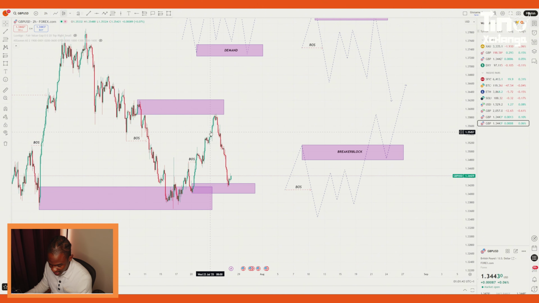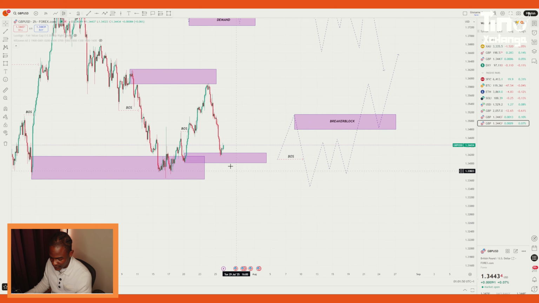If you notice, let's assume price breaks through this order block that has been created here, right? Breaks through, then comes back, breaks through here, then comes back. So this same order block, which is a demand right now, can also become a supply, right?